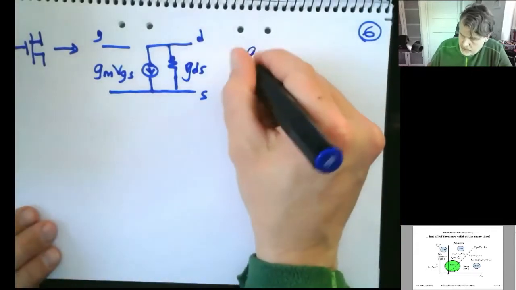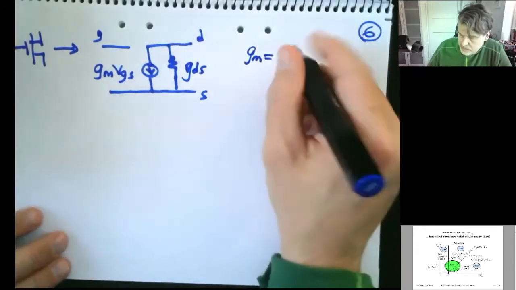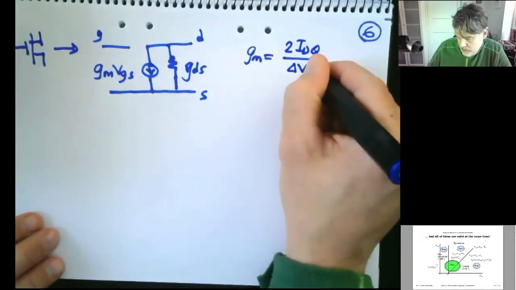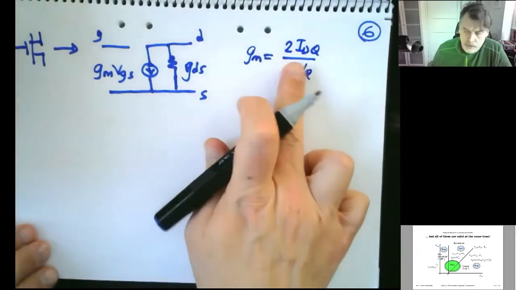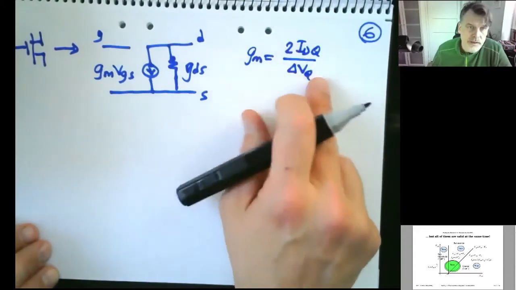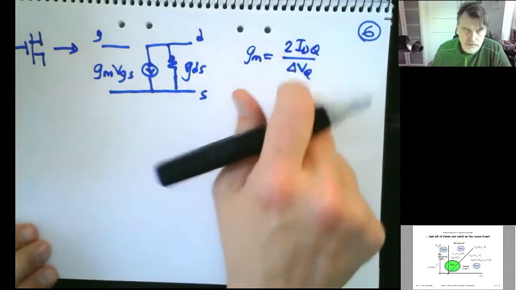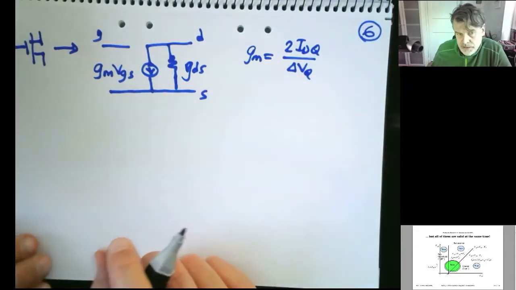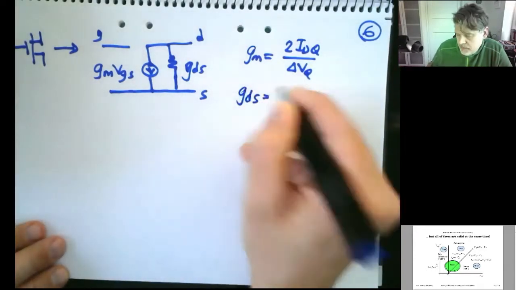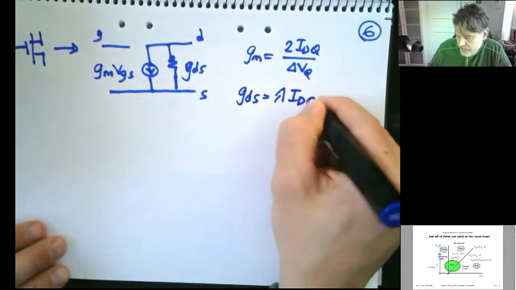And we know now that GM is equal to 2 IDQ divided by delta VQ. We're shortly going to omit these Q's, and we will just assume that it's understood by the context what these values are. So this Q is just wasting ink, but we leave them there for now. And GDS is equal to lambda IDQ.